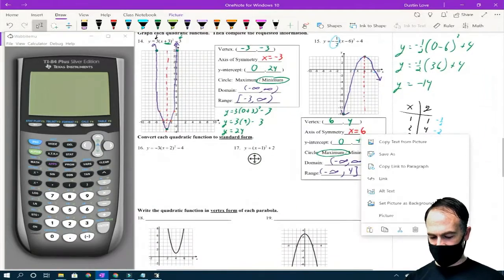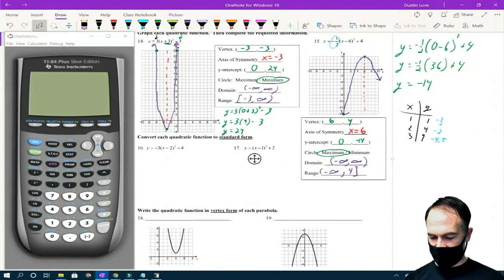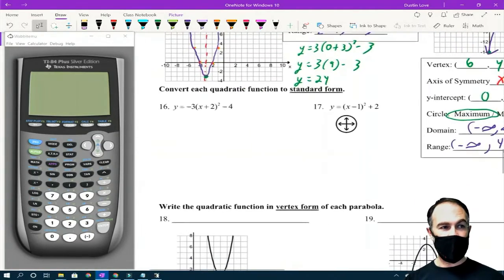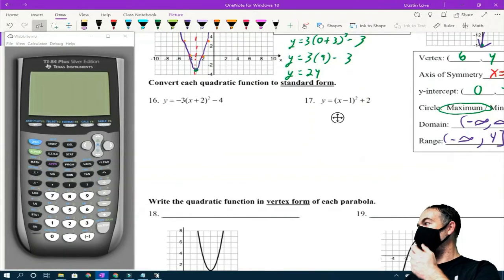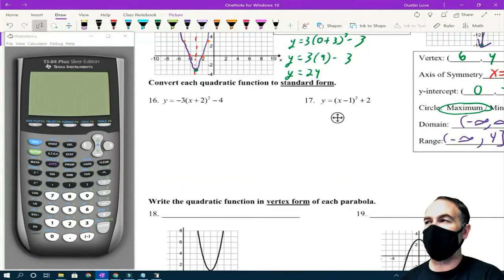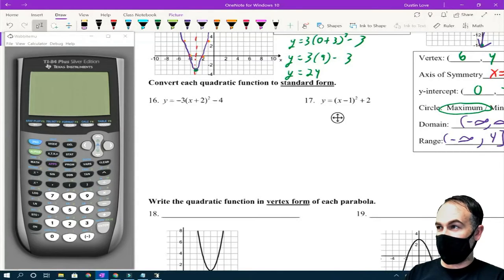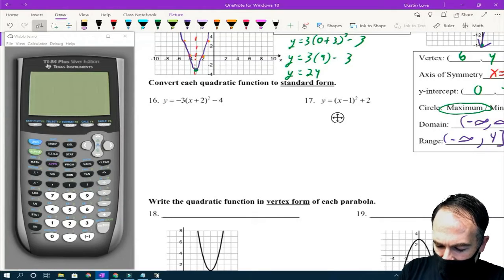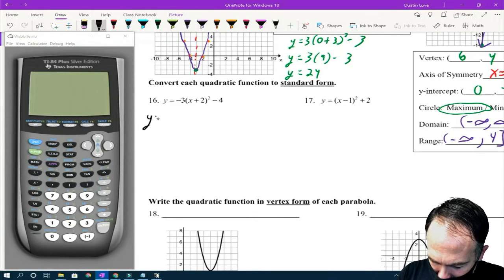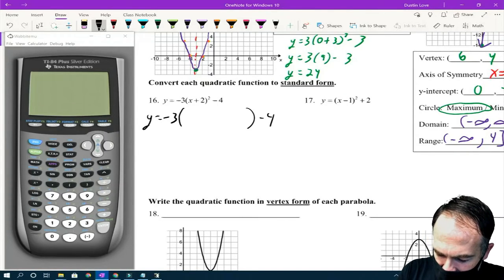All right, 16. Convert to standard form. On these, we're going to multiply out, FOIL out the squared term, then distribute the A value, then combine our like terms on the end. So, y equals negative 3 times x plus 2 squared minus 4.